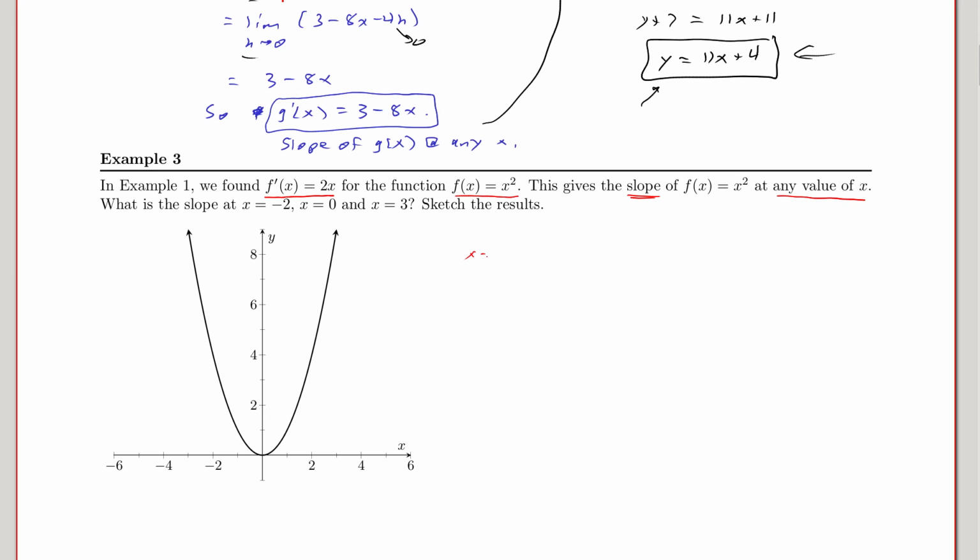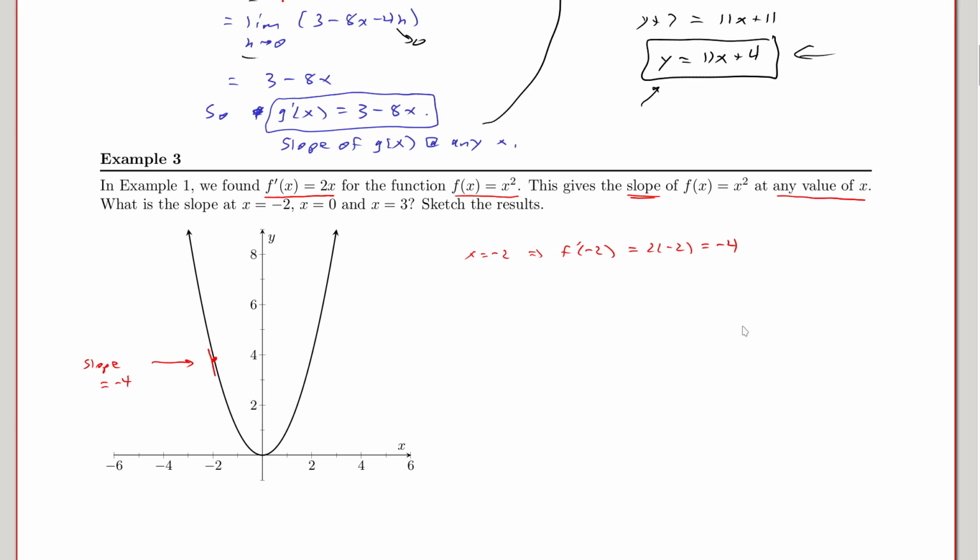So when x is -2, f prime of -2 is 2 times negative 2, or negative 4. So that is the slope of the tangent line where x is negative 2. So that's at this point here. And that tangent has slope negative 4.